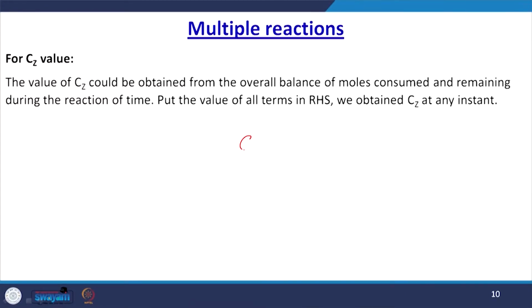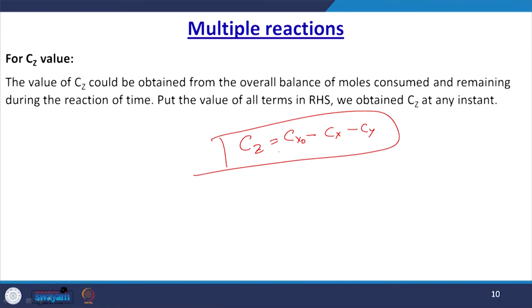So, let us put it in mathematical form: Cz is equal to Cx0 minus Cx minus Cy. This is quite obvious: the concentration of x at start, then the concentration after time t, and then the concentration of y, the intermediate, after time t. We can put this as equation number 14.